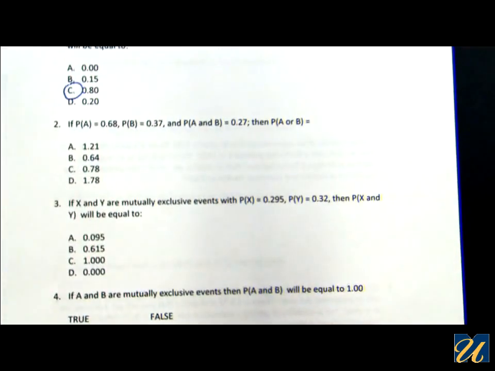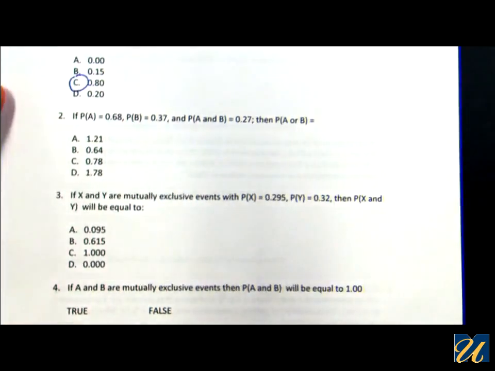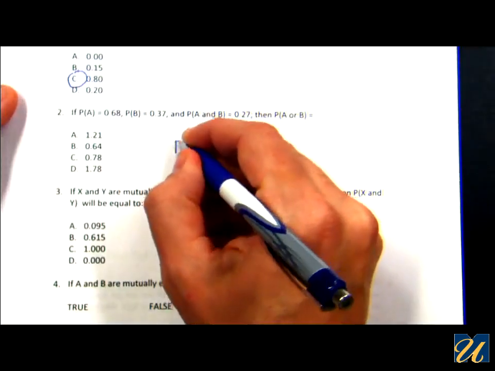If probability of A is equal to 0.68 and probability of B is equal to 0.37 and probability of A and B is equal to 0.27, then the probability of A or B will be equal to what? We simply plug in the information.